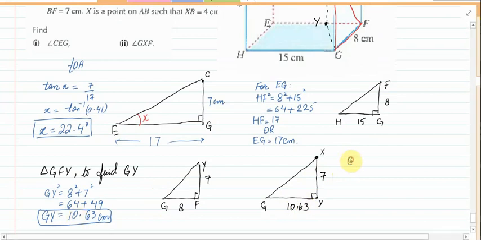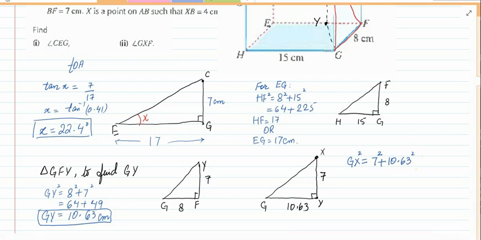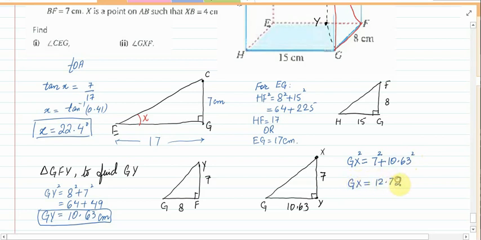So again, by using Pythagoras, GX square is equal to 7 square plus 10.63 square, and then the root of the answer. So it's 12.72. The value of GX is 12.72 centimeter.